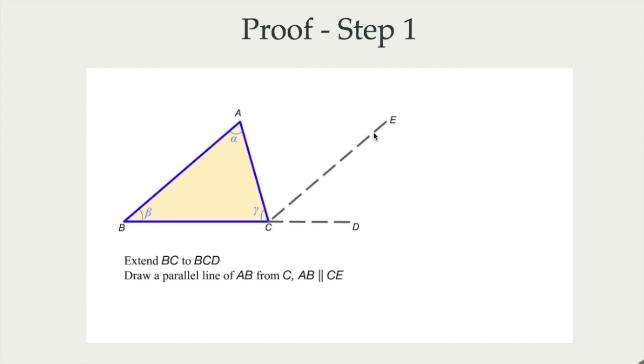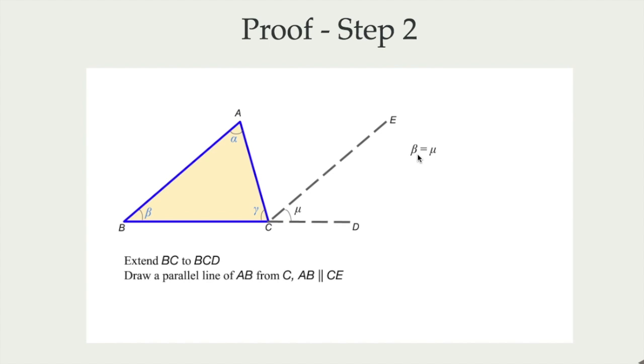Now in this case, we're going to apply the result we just learned: if we have two parallel lines, in this case AB and CE, and the third line, which is BD here, is the transversal of the two parallel lines, we can apply the results. The first result I'm going to use is that the corresponding angles are equal to each other. So beta here and mu are equal.